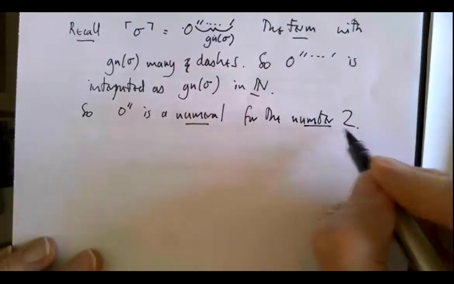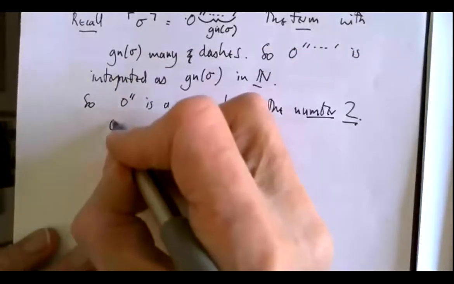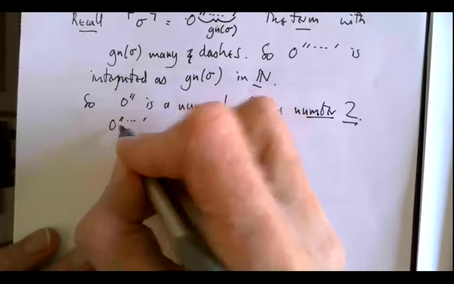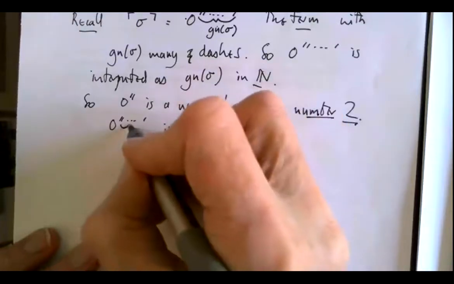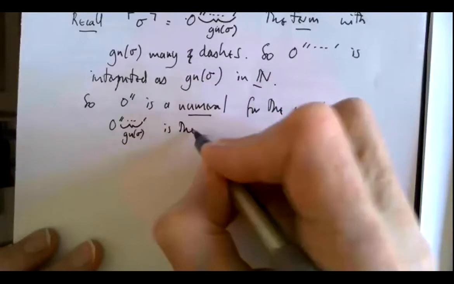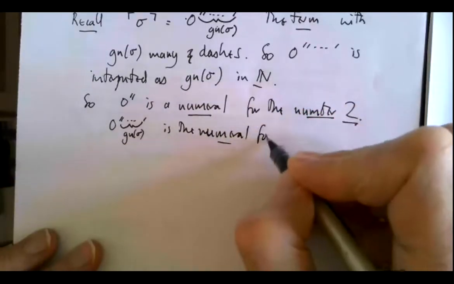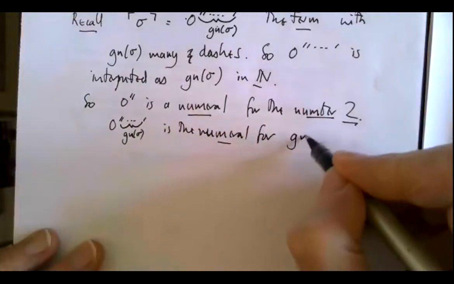So this is the real number I'm talking about here, and this thing up here is the numeral for Gn of sigma.